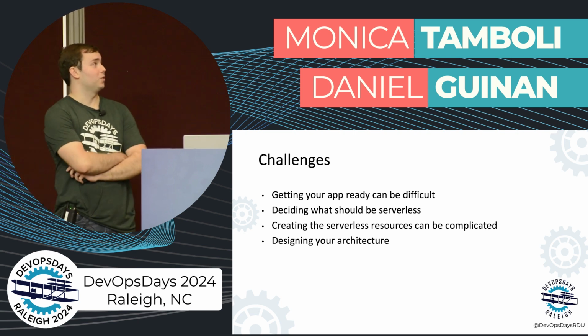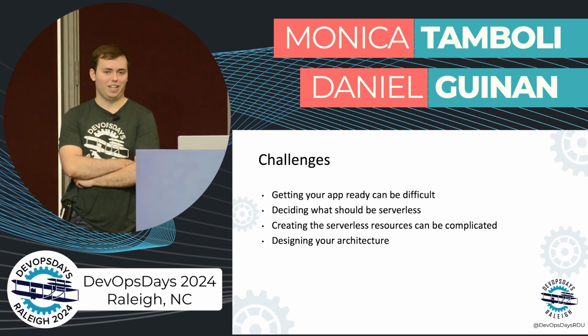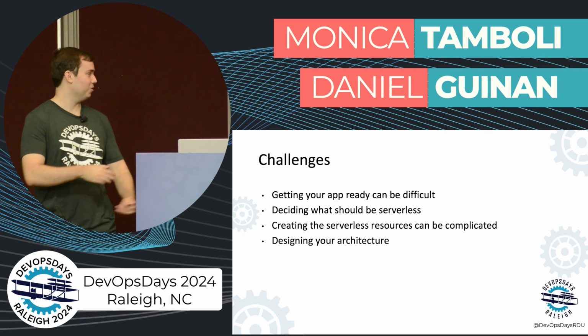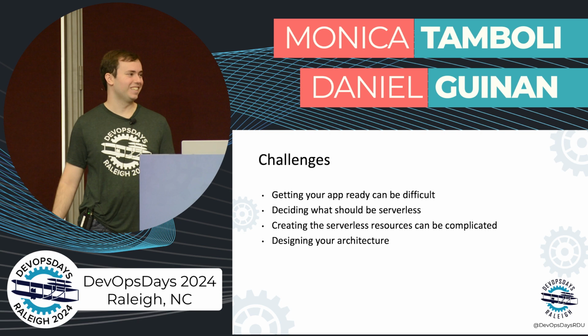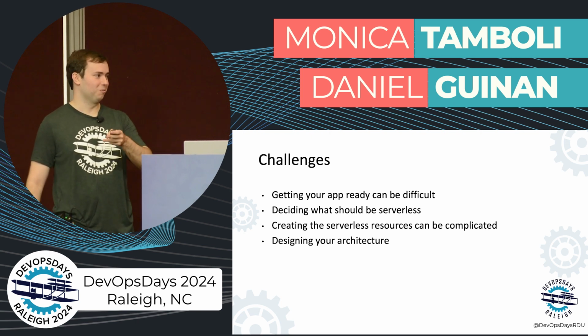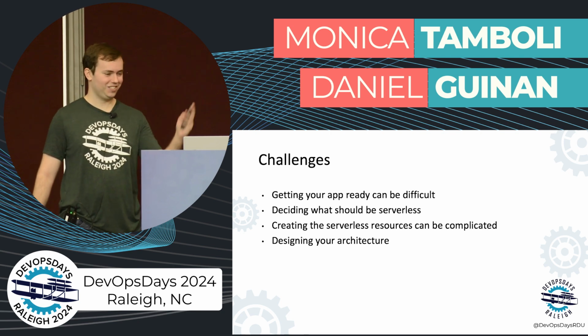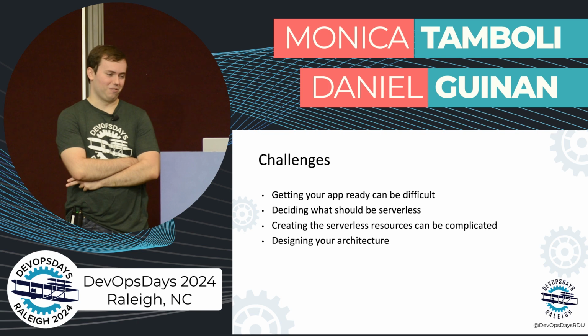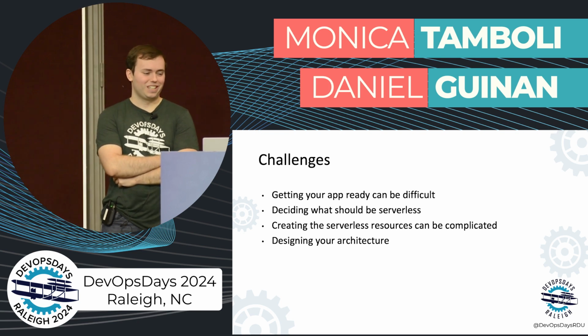You shouldn't make everything serverless. That's a design decision that you would have to make. I know when I first started, I'm like, oh, let's make everything serverless. And then had an issue where a pod would shut down before it would receive a call, and it would just break everything. So you have to decide what you want serverless and what you don't want to be.